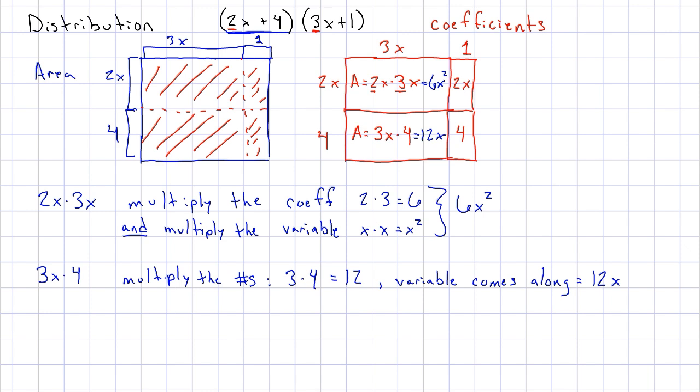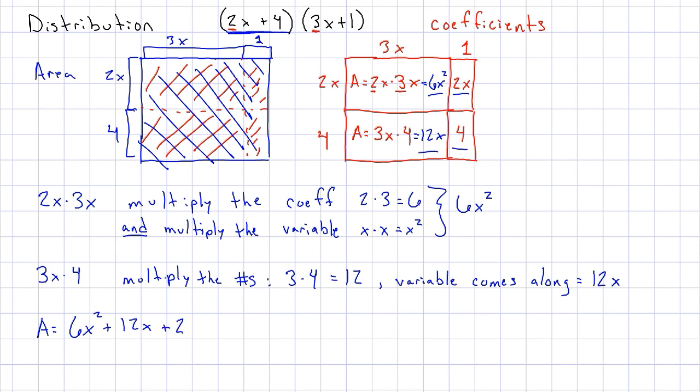Now, once we've done that, then we can add everything together again, right? So I have 4 areas, which together equal the entire area of this larger blue rectangle. So the area is equal to 6x squared plus 12x plus 2x plus 4.